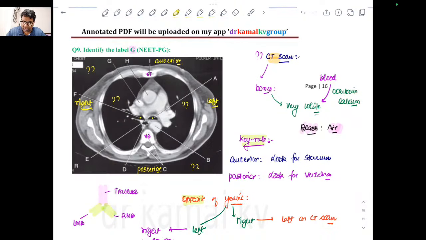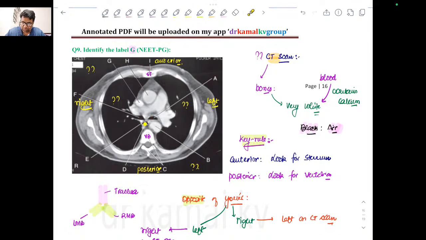Now as I already told you, this is a main bronchus, but on which side? Right side. This is a main bronchus, but on which side? Left bronchus. So label A will be left main bronchus and label F will be right main bronchus.